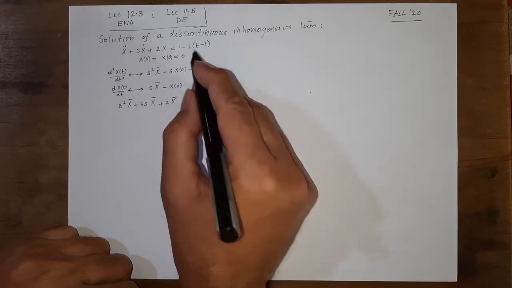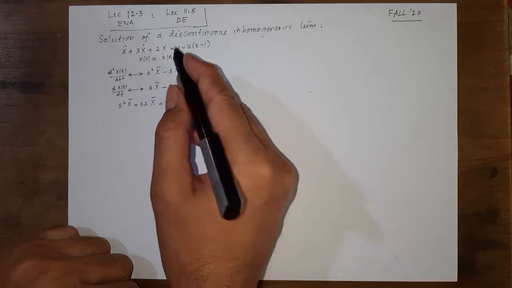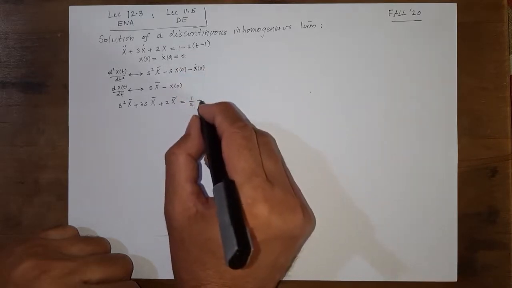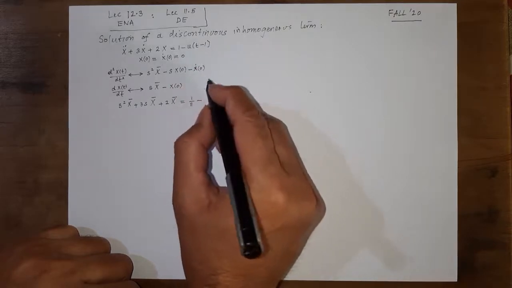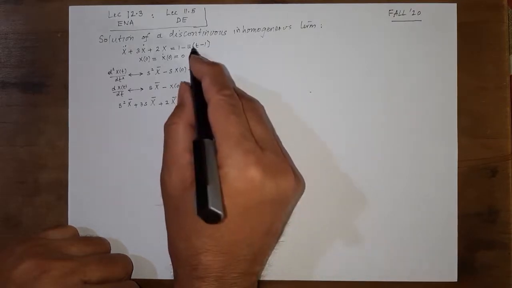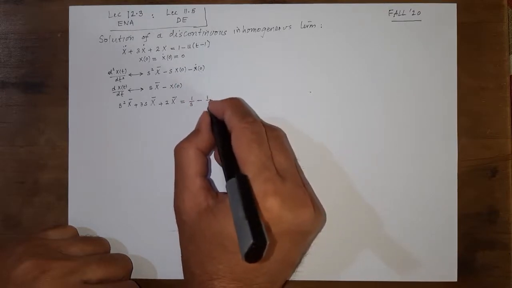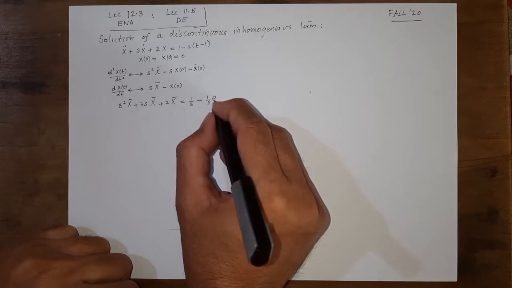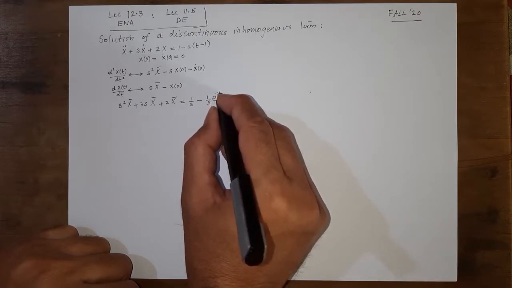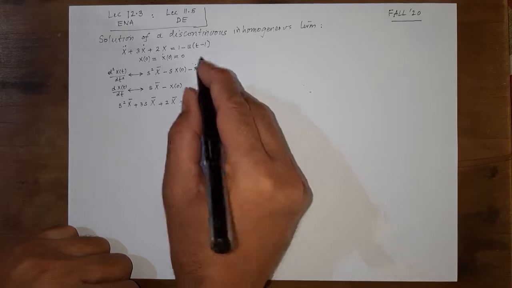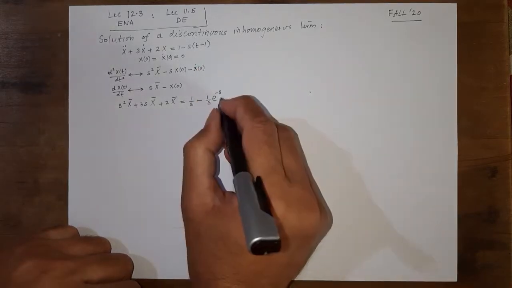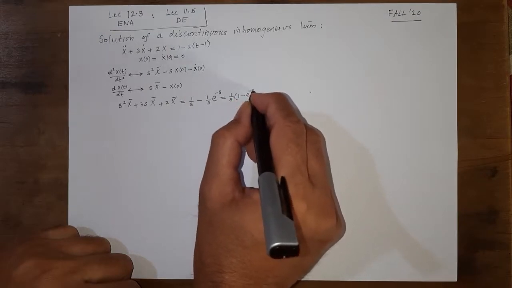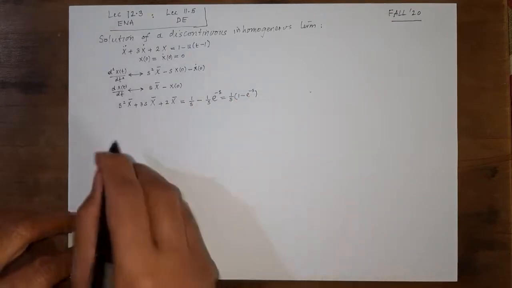And if you have a shifted function, so u(t) is shifted by 1 now, we remember that it is the same Laplace transform multiplied by e raised to the power minus the amount of shift, which is 1, times s. So we get 1 over s times (1 minus e raised to the power minus s).